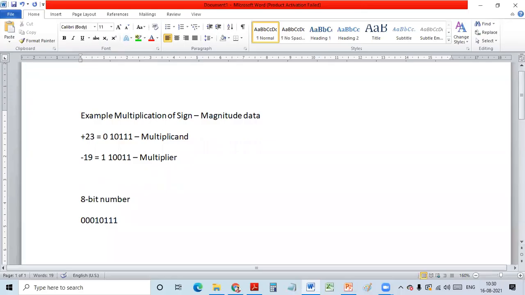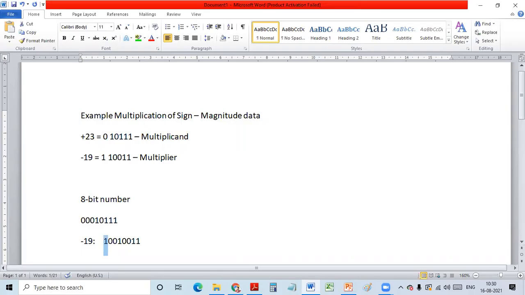Similarly, how is minus 19 stored? 1 0 0 1 0 0 1 1. This is correct, because the most significant bit in the register has to represent the sign component.